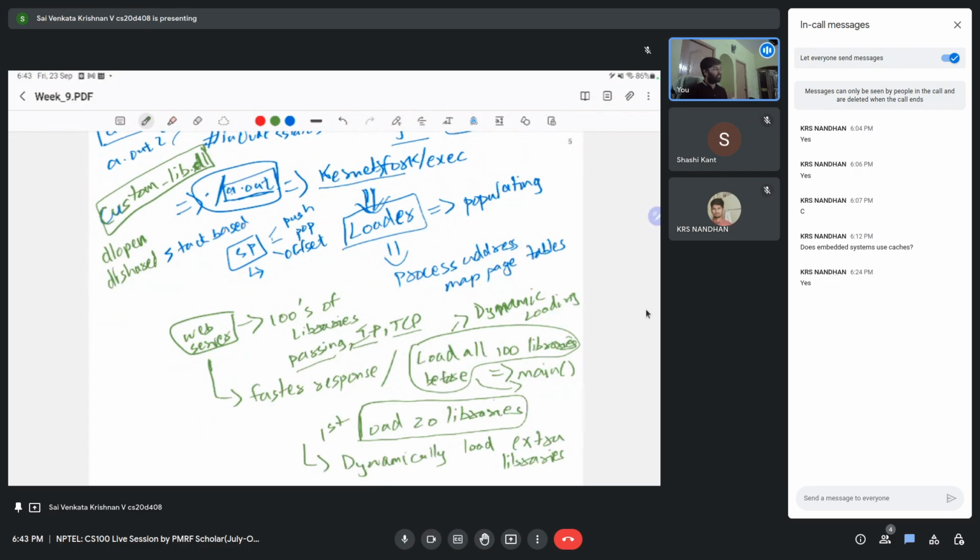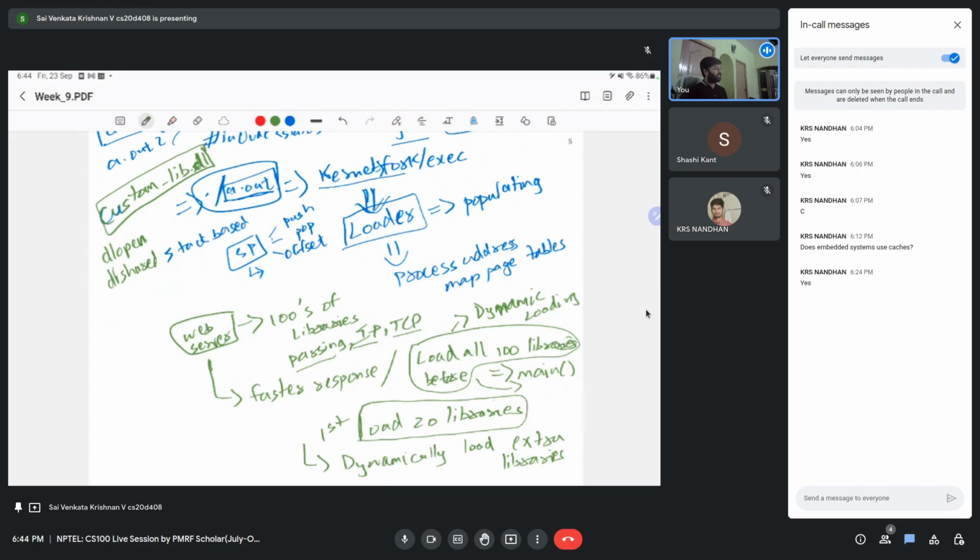If the user doesn't need that service at all, you are not loading that library. So just blindly loading all the libraries would be a waste, because just 20 libraries would always be used, and the remaining 80 would rarely be used, or it depends on the user's choices.